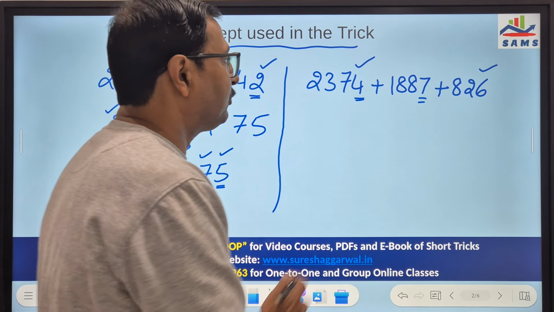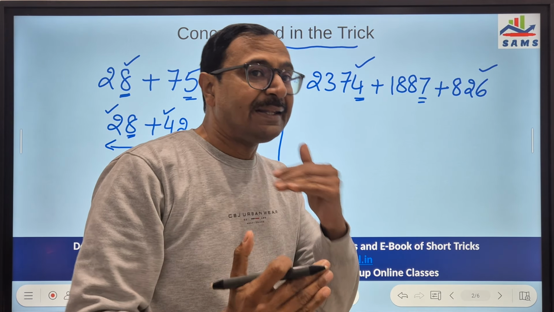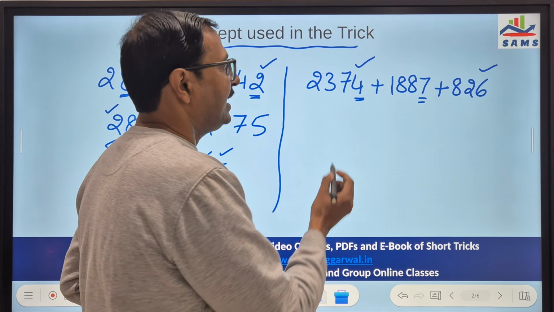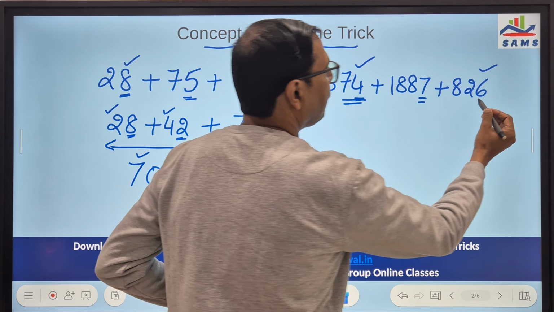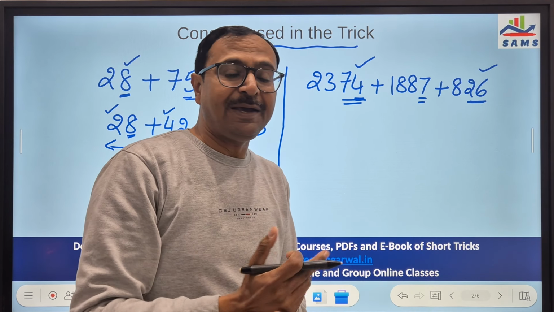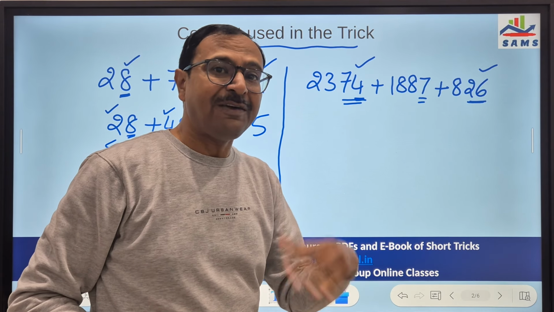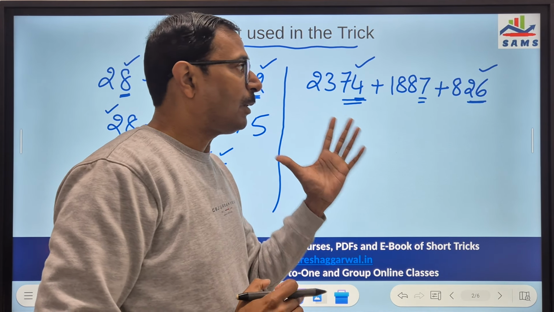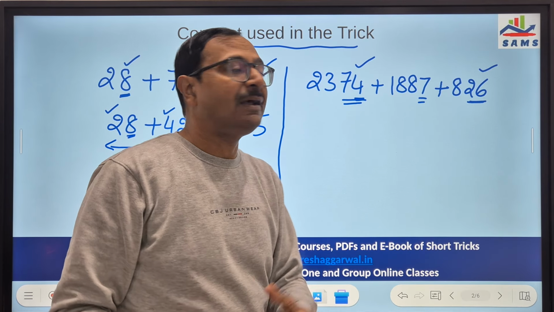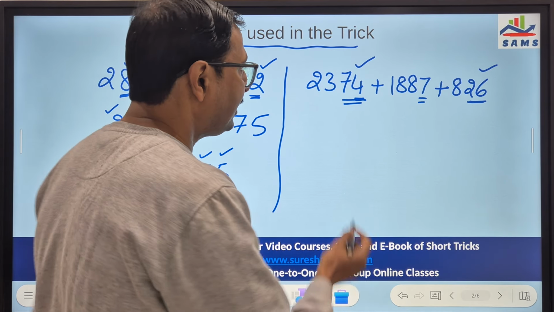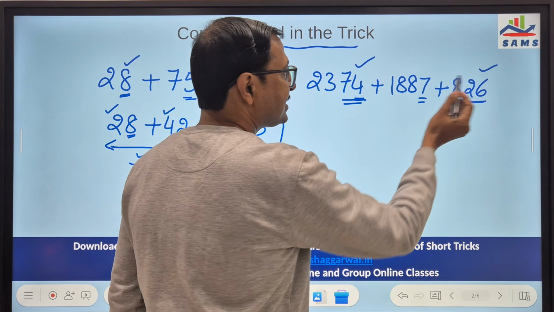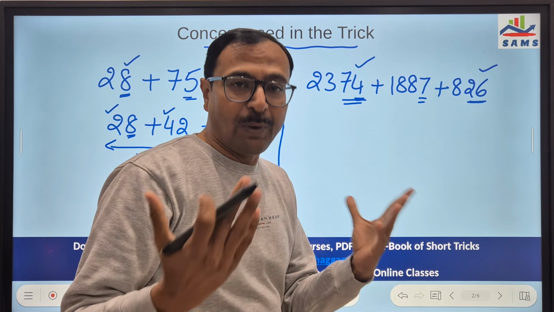Once I get 4 plus 6 equal to 10, the next thing I need to observe is 74 plus 26. Does it give me a number ending in 2 zeros? If it does, our addition problem is much simpler than before. So here 74 and 26 do add up to 100.